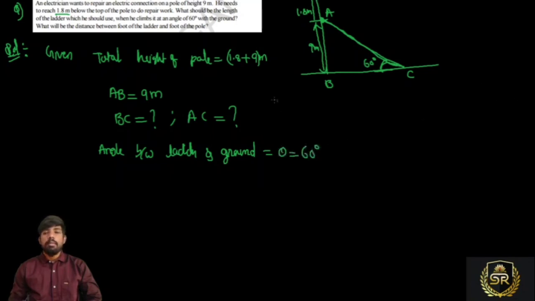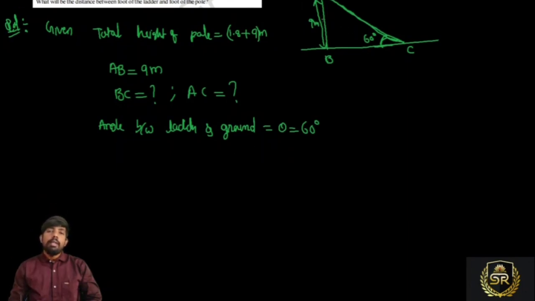From here, this is opposite, this is adjacent, and this is hypotenuse. To find BC, I'm using tan theta. For triangle ABC, tan theta is equal to opposite side by adjacent side.